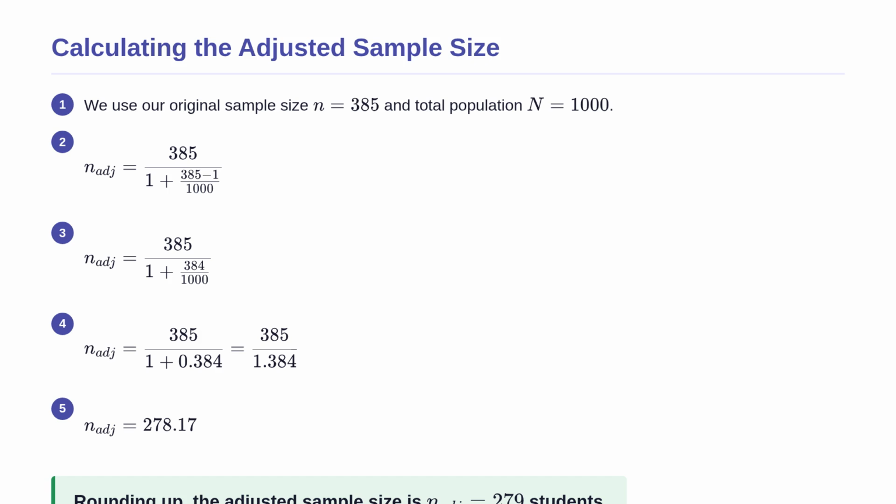Adding the 1 gives a total denominator of 1.384. Finally, we divide our original sample size of 385 by this new denominator. The result is 278.17. Rounding up to the nearest whole person, our final adjusted sample size is 279 students. We achieve the exact same accuracy while surveying fewer people.